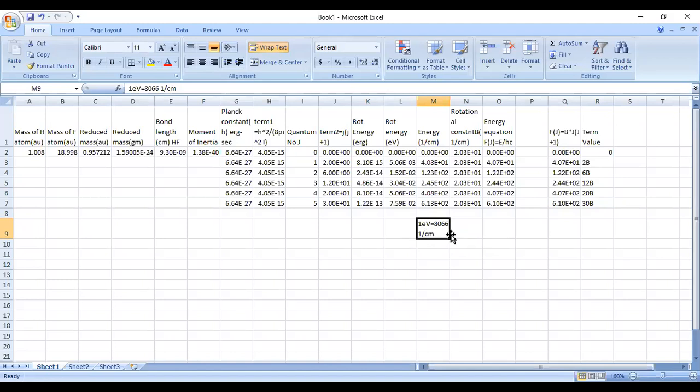Suppose you have a photon, incident or emitted, whose energy is 1 electron volt, what will be its corresponding wavelength? The corresponding wave number will be of the order of 8066 centimeter inverse. So please prepare an Excel sheet, work this out and compare your result.